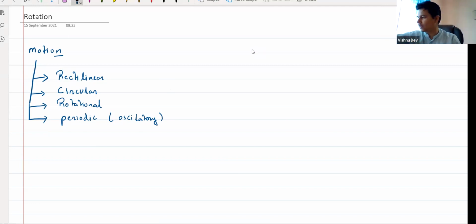Then rotational motion. So the first question we have to ask ourselves is, what is the difference between circular motion and rotational motion?